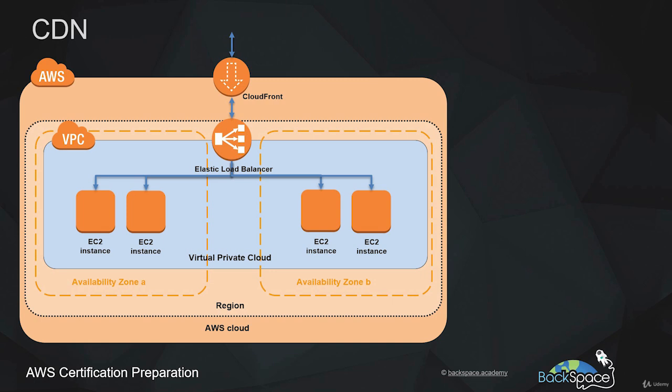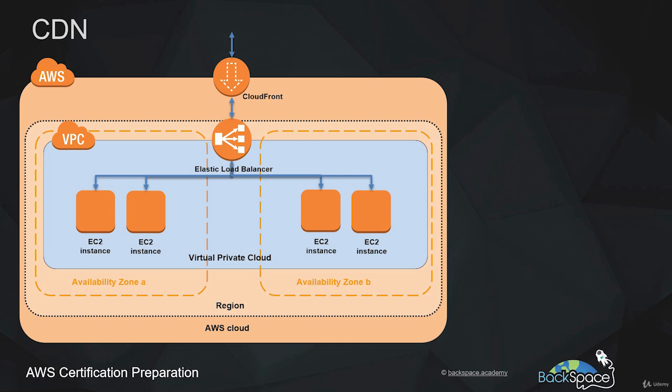So we can get these large images and large videos that are not really changing that often, and we can put that in a CloudFront distribution, and CloudFront will cache that and distribute that across hundreds of edge locations across the globe.